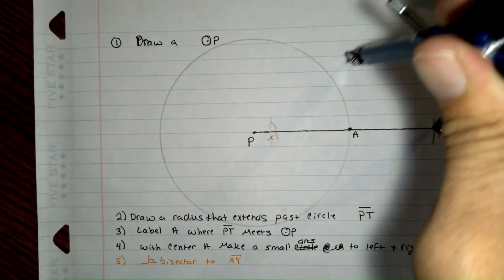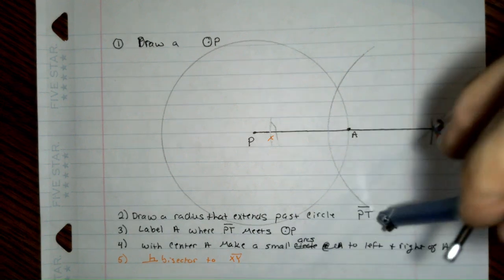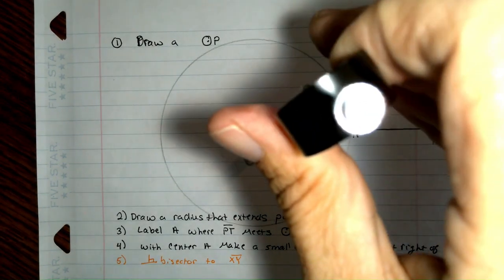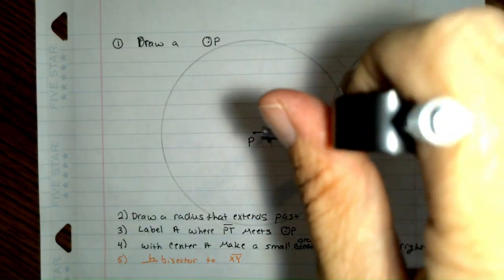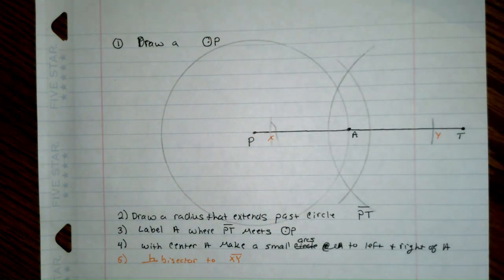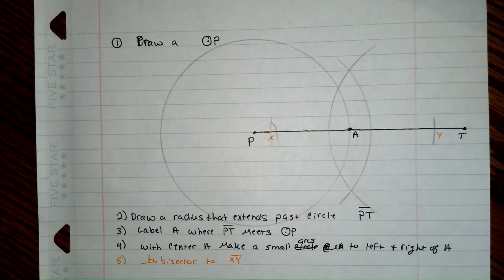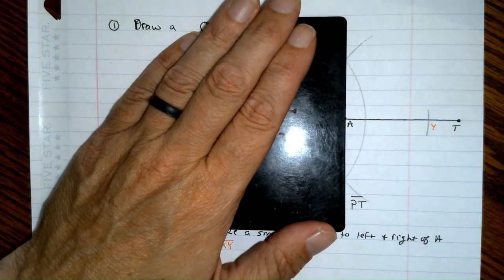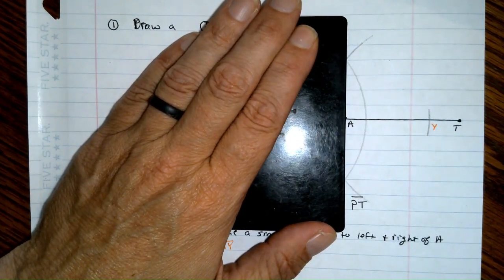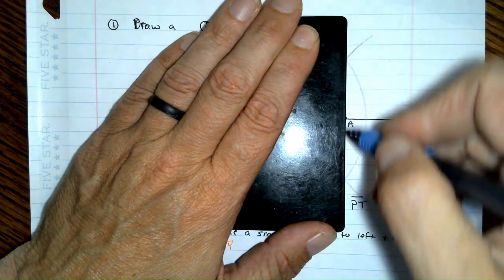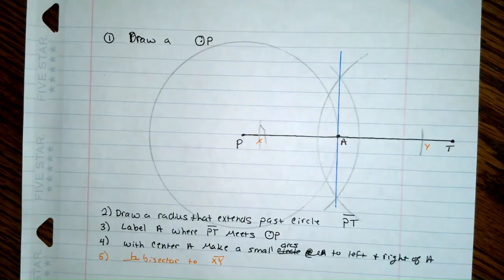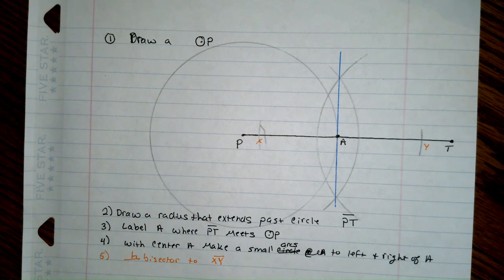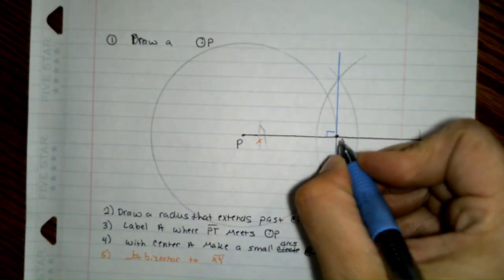Above Y, actually we'll just do a half circle. From Y, a half circle. From X, we get that little football shape in the middle. Find a straight edge of some kind and connect it. And now we have a tangent line.